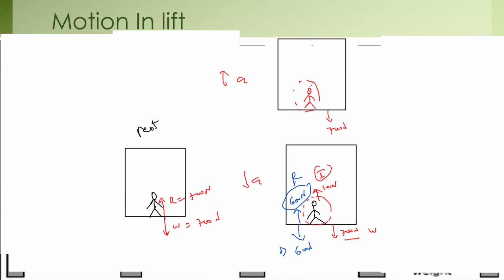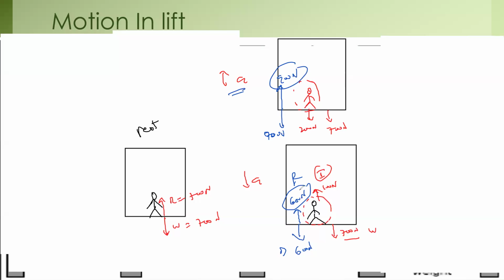Because of the inertia, the body tries to resist the change. So the body will apply, for example, another 200 Newton downward. So what is the total downward force on the ground? The total downward force on the ground is 900 Newton. So the total upward force from the ground should also be 900 Newton. So the reaction force increases.